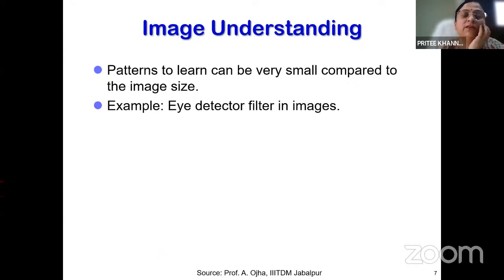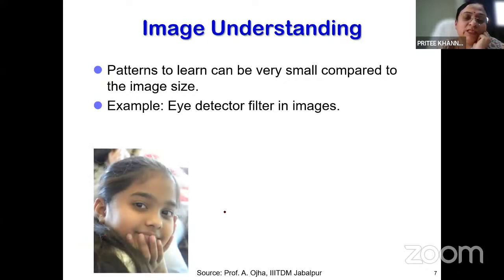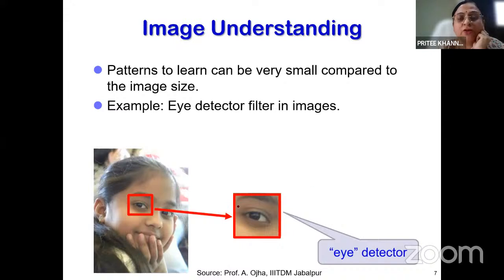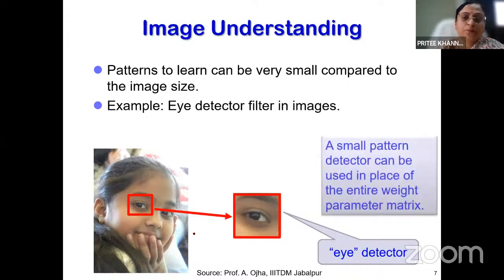When we say we are finding patterns in the image, you just saw that those patterns can be very small compared to your image size. The example taken here is an eye detector filter in the image. Wherever this eye pattern is present in the picture, we want to be able to locate it.